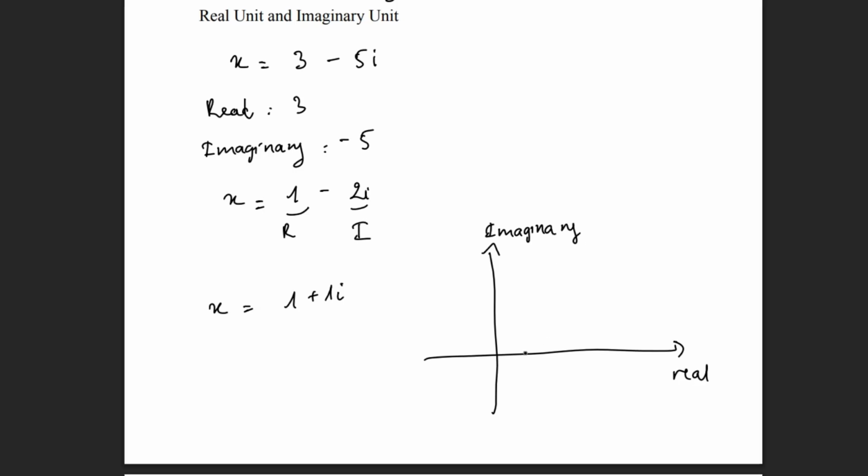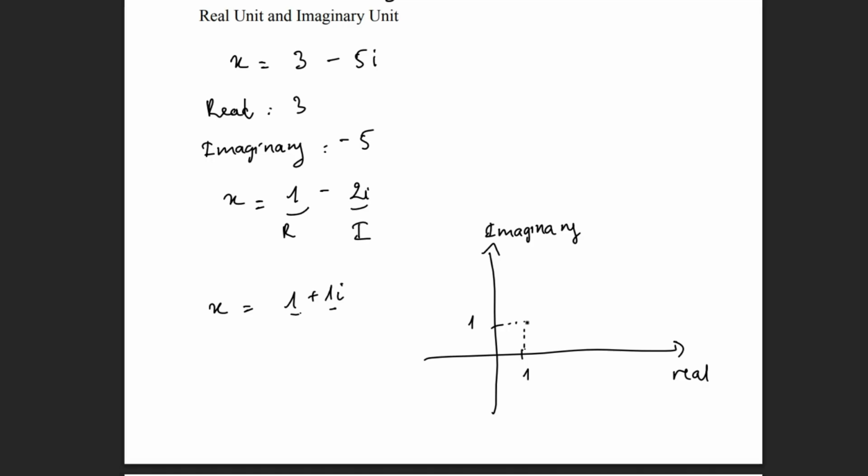Okay, so we have a graph. This is real, this is imaginary. Okay, so 1. So the real part of x is 1, and the imaginary part of x is 1 too.